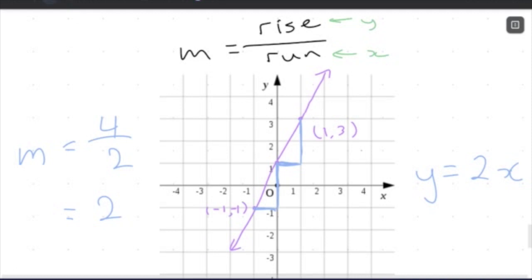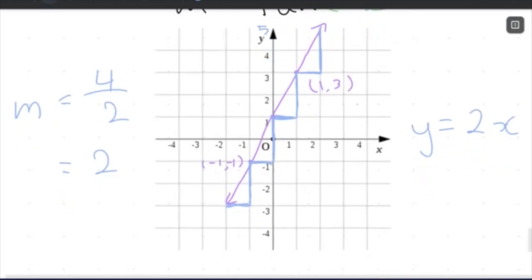Because say we went from here, 1 unit across, well, the graph will hit 2 units up here to 5 on the y-axis. And say we go down here, I go up by 1 on the x, and I go up by 2 on the y. And I can keep going.